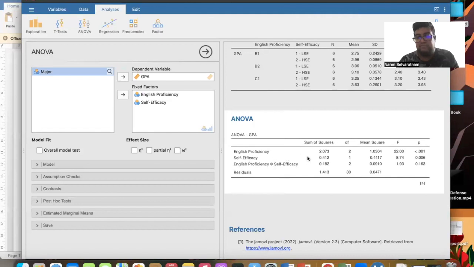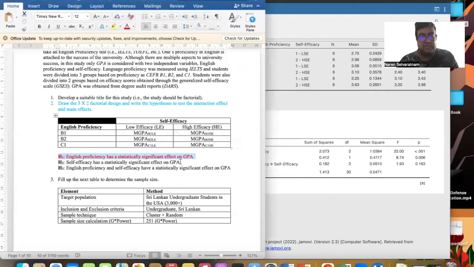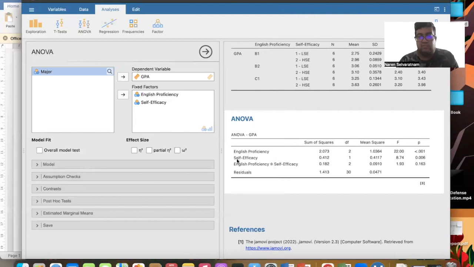Self-efficacy also seems to have a significant effect on GPA. I can accept that as well. Yes, no issues. However, when you get the interaction, English proficiency and self-efficacy, this is not statistically significant.